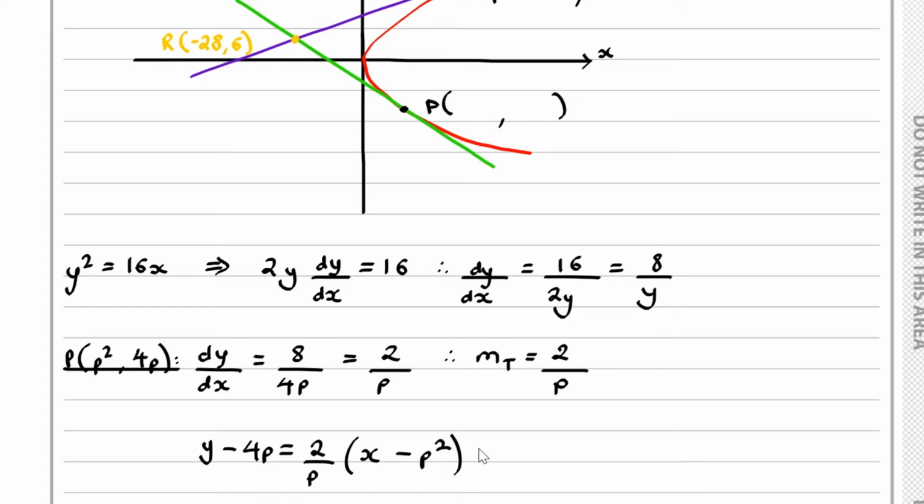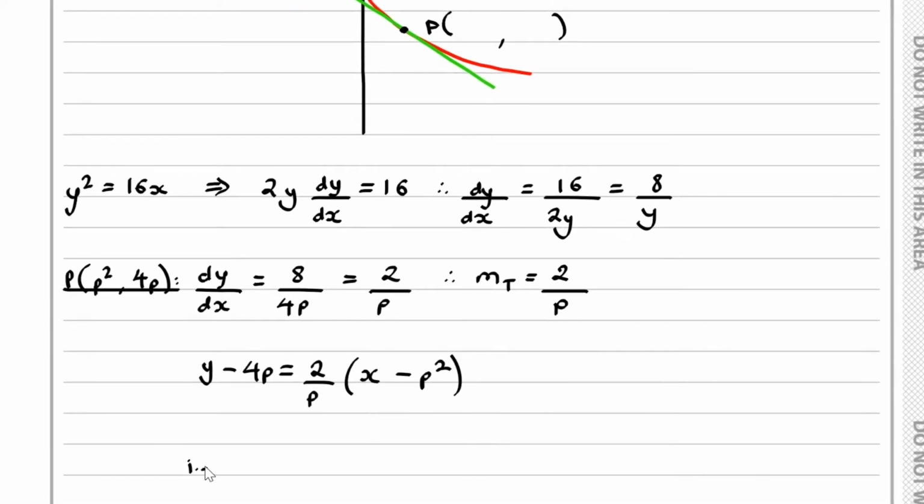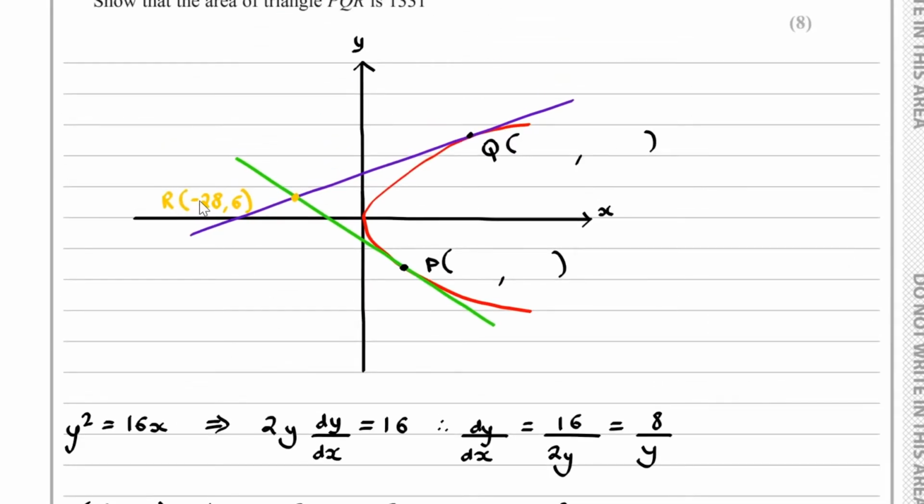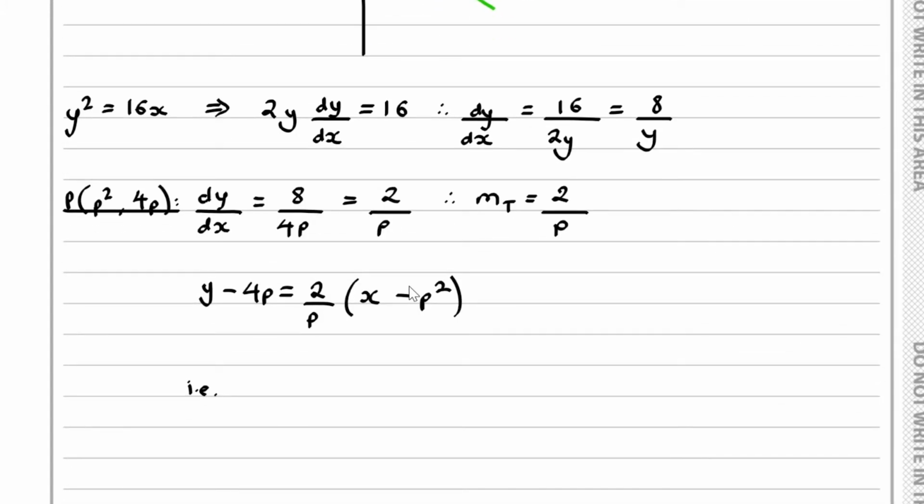Okay, so in other words, if we substitute in our point R, because we know R lies on the tangent at P, hopefully you can recognize that we have 6, which is the y coordinate of R, minus 4p equals 2 over p, lots of minus 28 minus p squared.